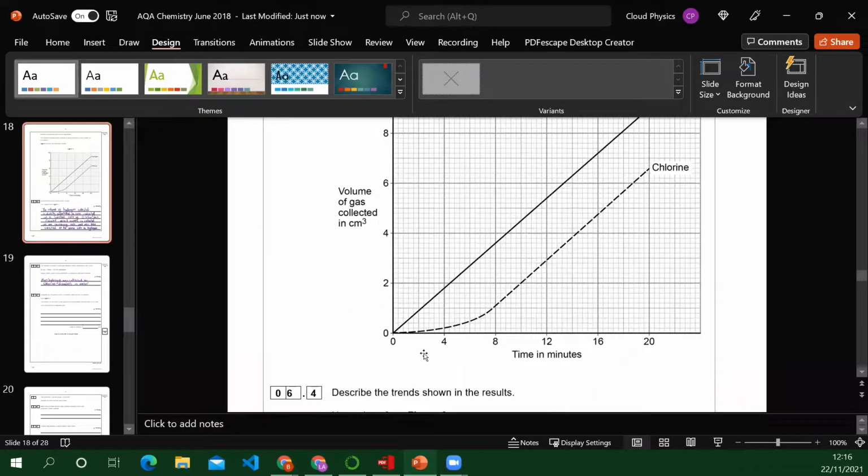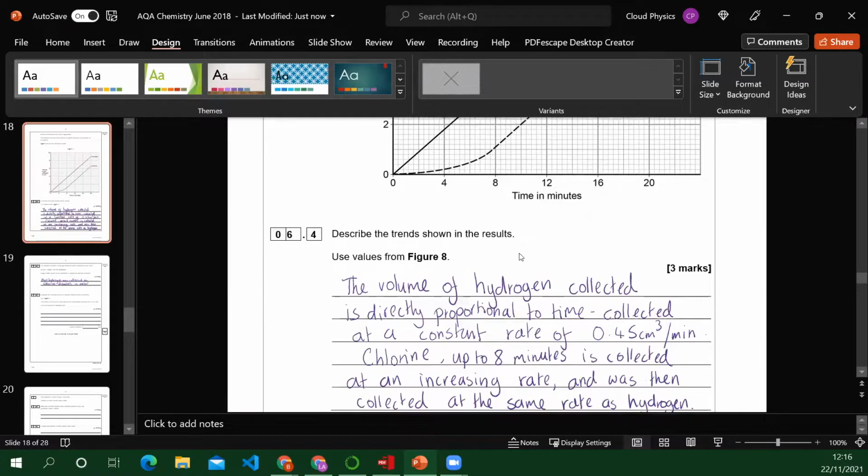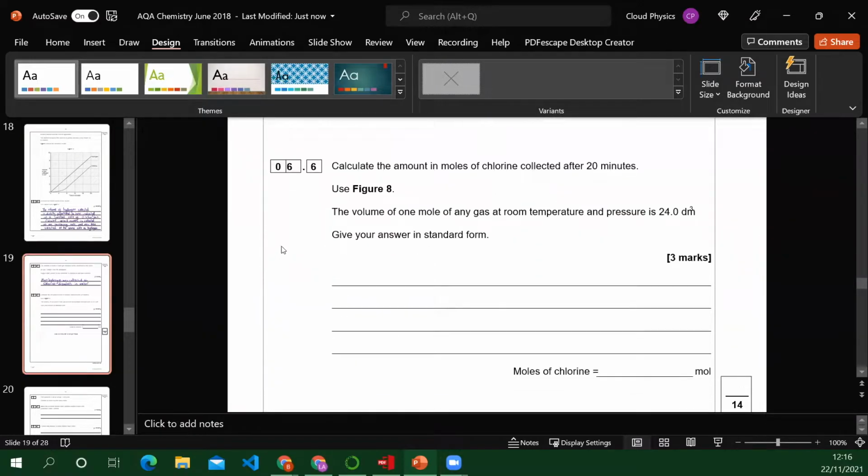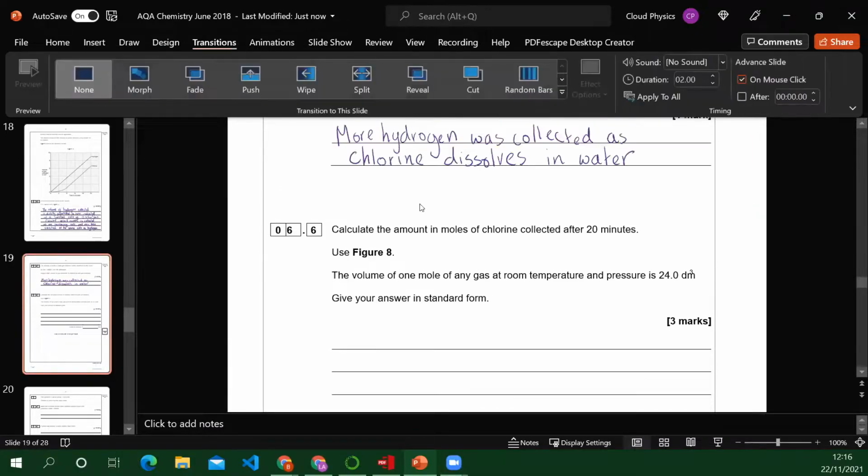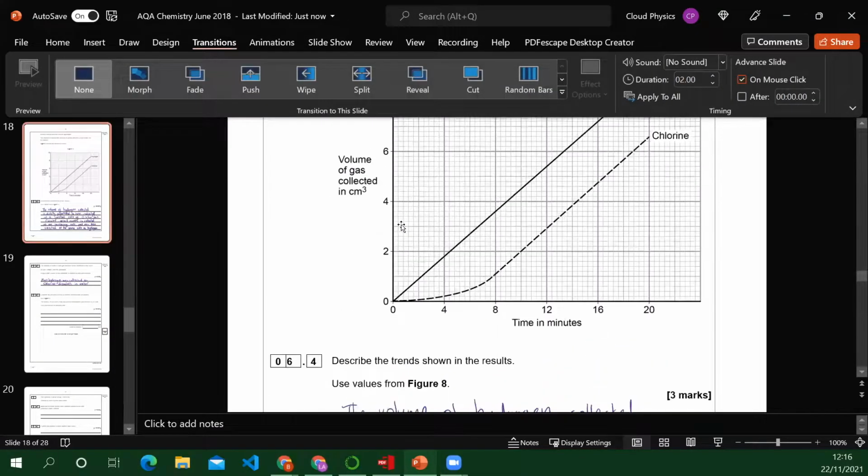So let's have a look. 20 minutes, and chlorine. Each one is 0.2, so 6.6. Let's write that down to start with. Let's check the unit. I didn't check the unit, and that's important too.